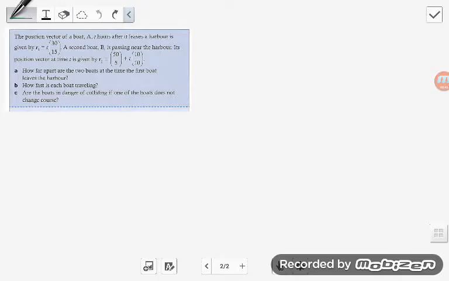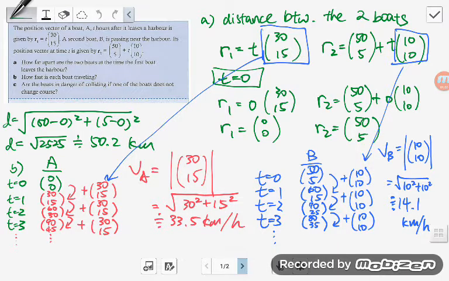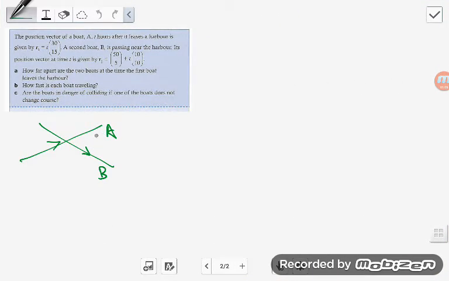Now, let's say this is my boat A. My boat A goes in that direction, and my boat B goes in that direction. If they do hit, where are these two boats gonna hit? Right there, right? This is where they're gonna hit each other.